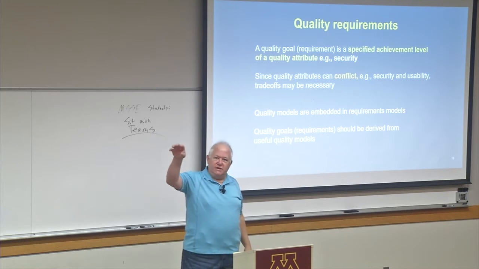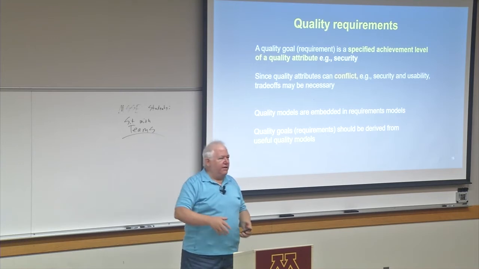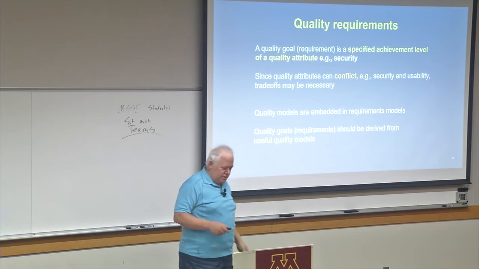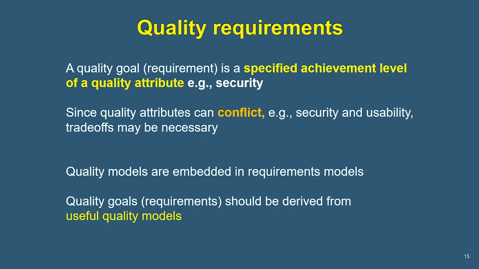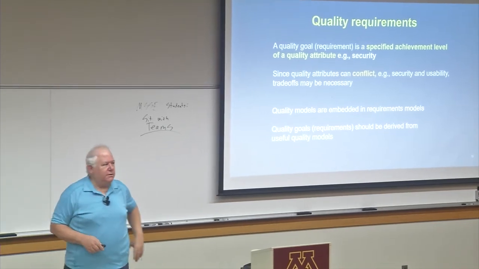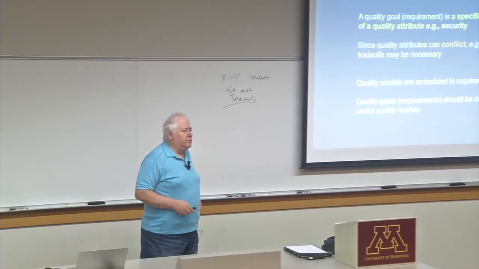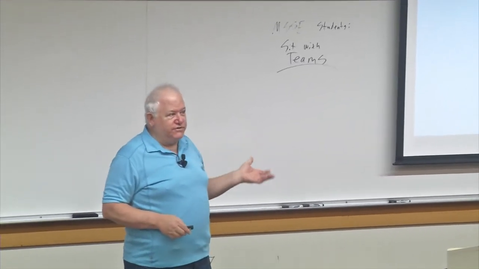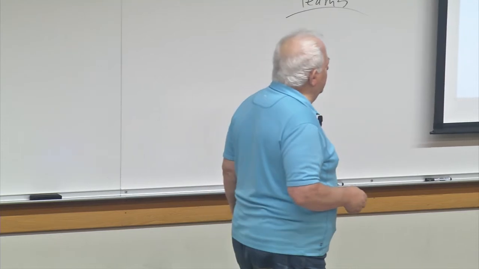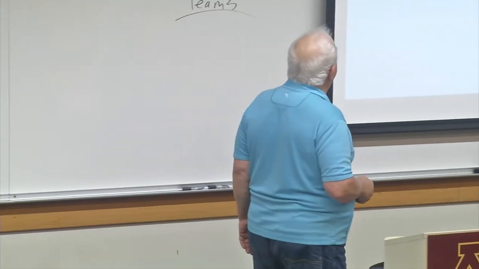If you say you need quality at this level, then there are probably only a very few ways to get it, and you've got a requirement to choose one of those 3 ways. Quality goals should be derived from useful quality models. That's what these slides are all about. They're going to show you how I define useful, and then why the simplistic models are not.